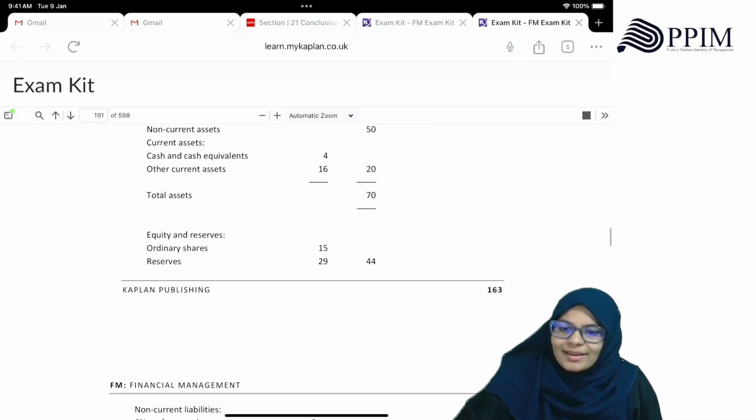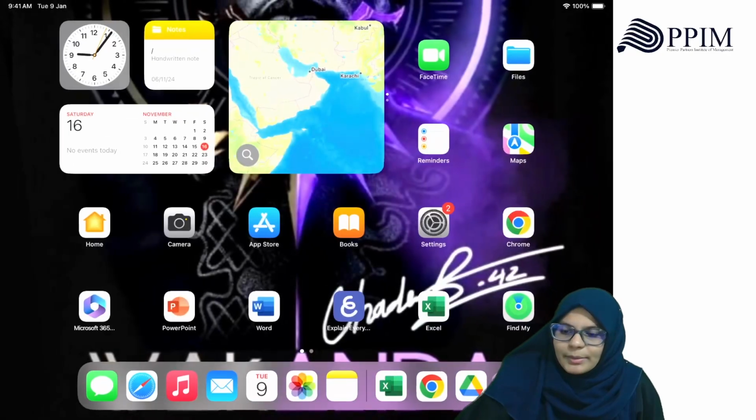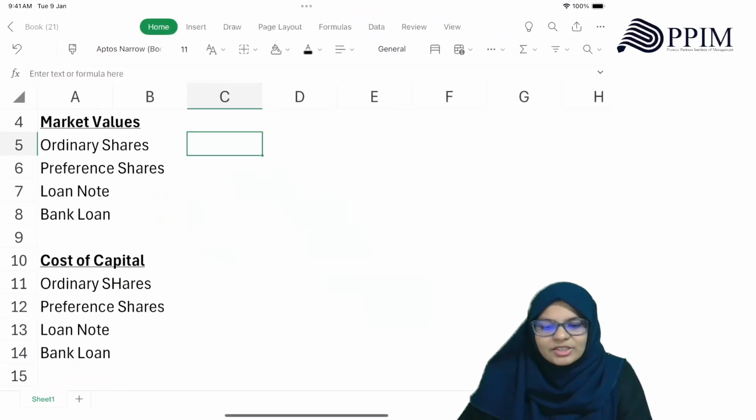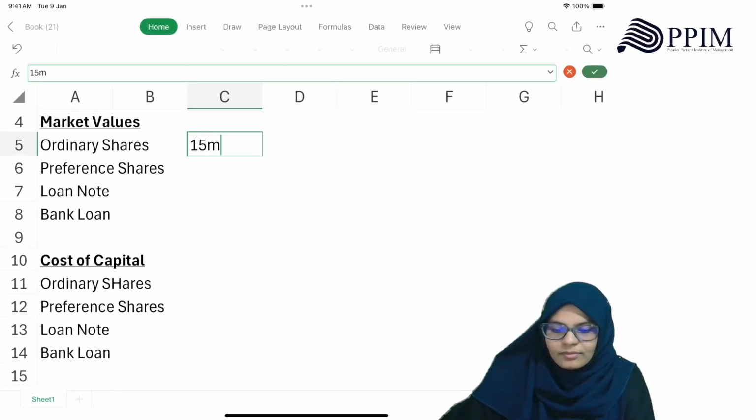So I know that ordinary shares are worth $1 nominal value. Okay, so if the book value is 15 million, that means 15 million into $1 has only given me that 15 million, right? So ideally we have 15 million shares in issue, simple, right? So let me put that in, 15 million shares multiplied by the market value, which they told me was 6.1.